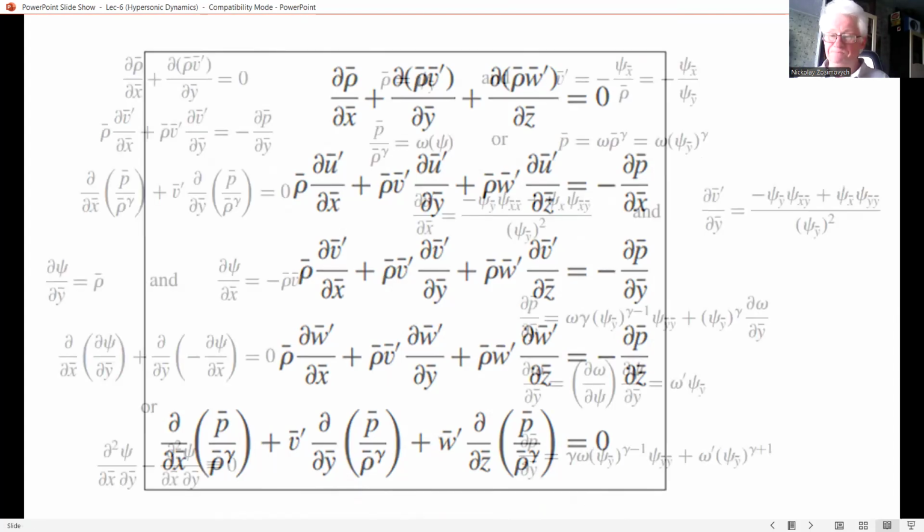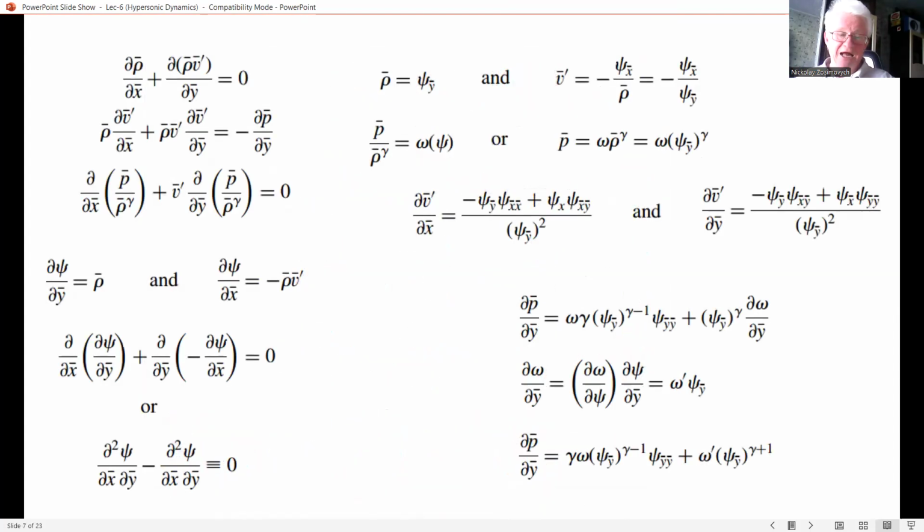Okay? To begin with, consider the hypersonic small disturbance equation written for two-dimensional flow. And recall that the x momentum equation is decoupled from the remaining equations in the system.